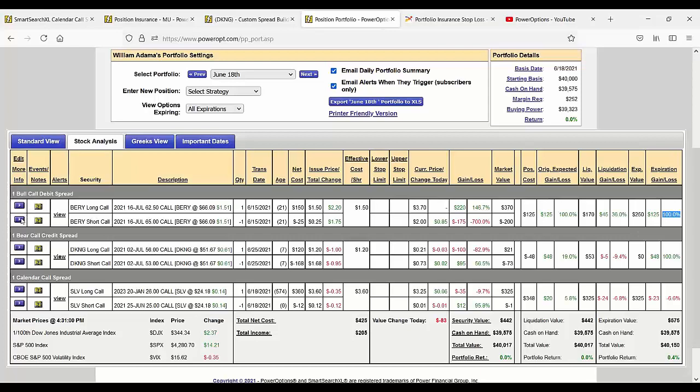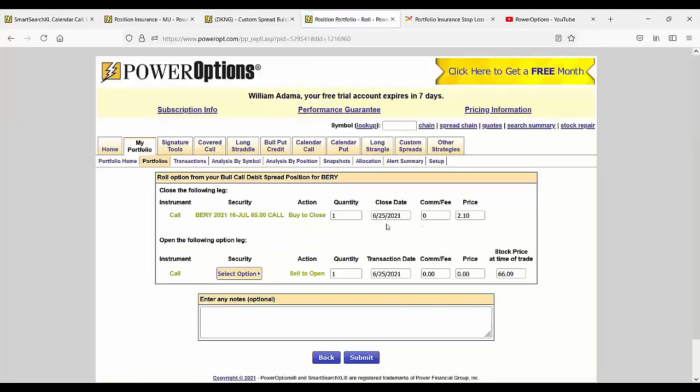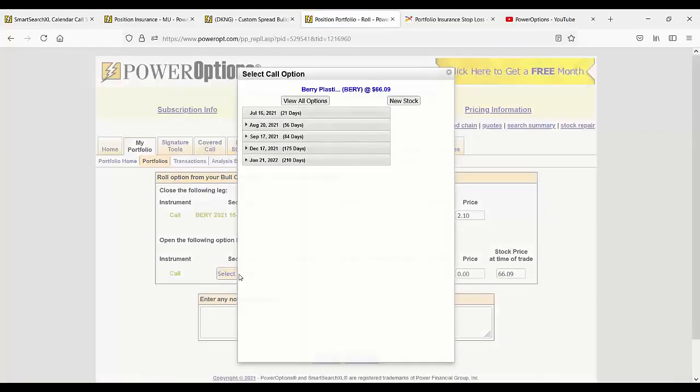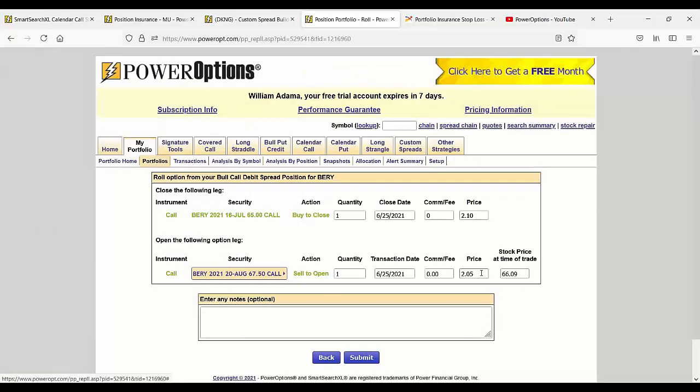Now this one doesn't allow you to roll the whole spread, but what I am going to do is roll each individual leg. So we're going to roll the short call first, and we're going to buy it back, and we're going to roll to August. I'm going to go up to the 67.50 for 2.05, almost a wash, but 2 points of a higher spread.